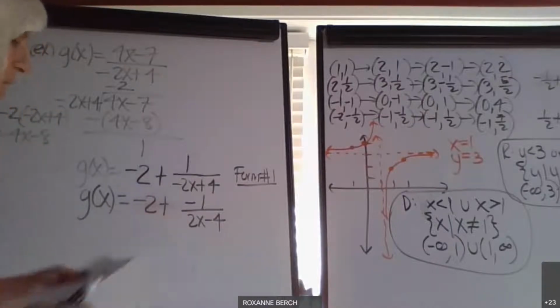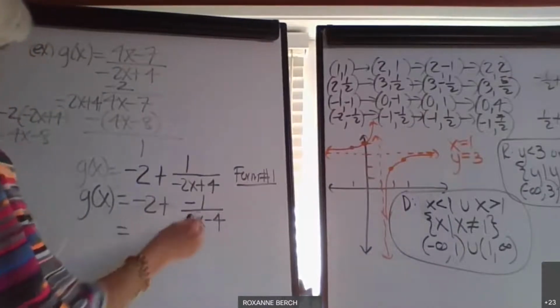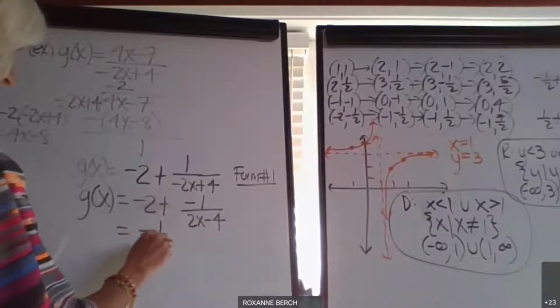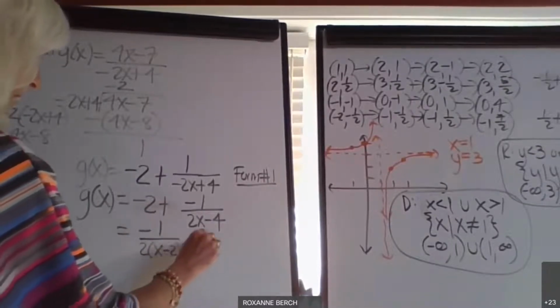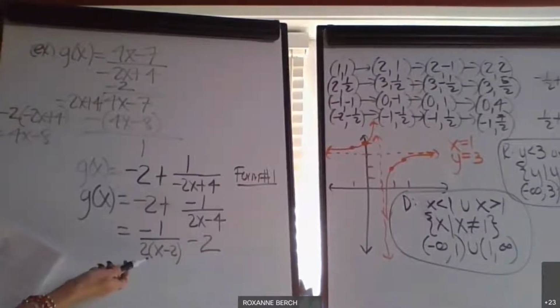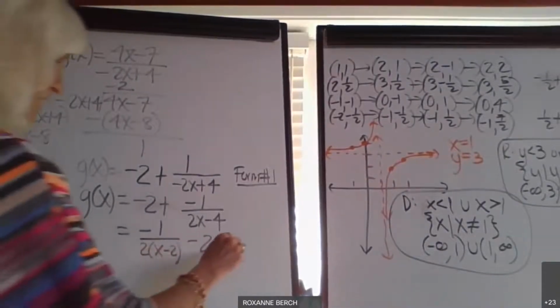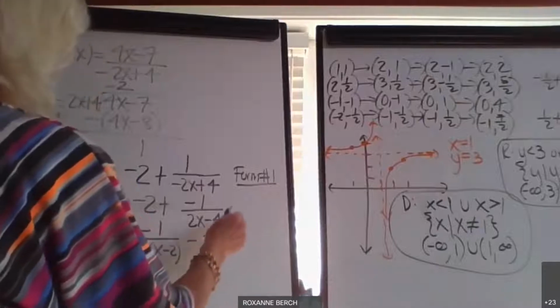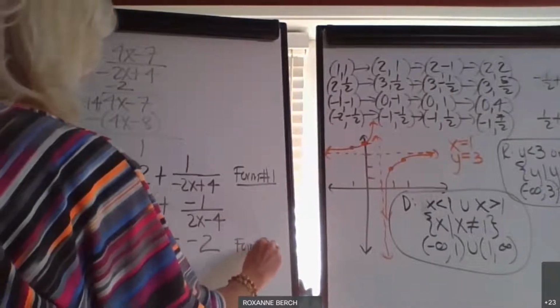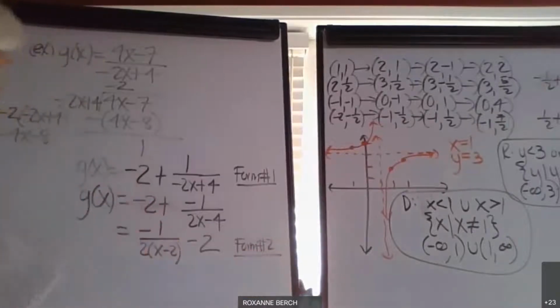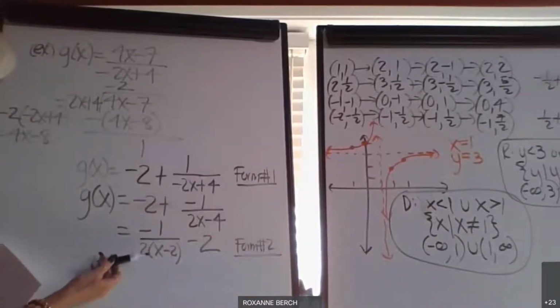Yeah. Okay. So can I write this like this? Can I take out a 2? And so this now is form 2. And what I did was a GCF on the bottom to put it in form 2.